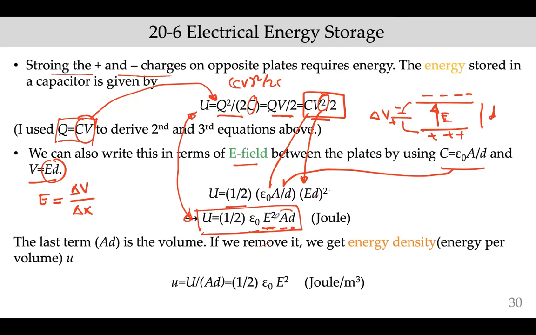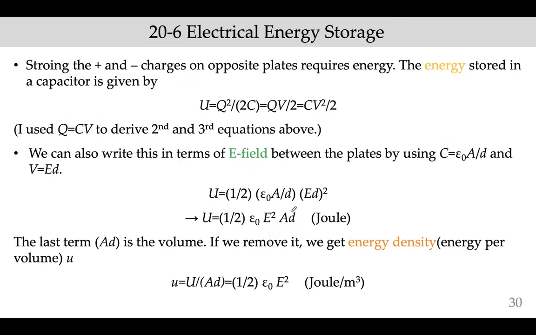Now the last term here, A times D, this is volume, right? If you have two plates connected to the battery, with area A and separation D, then A times D gives you the volume between the plates.